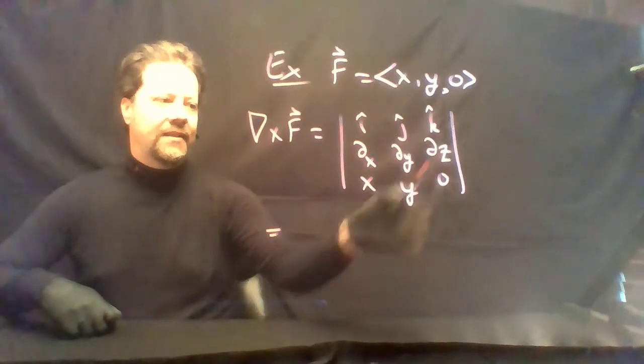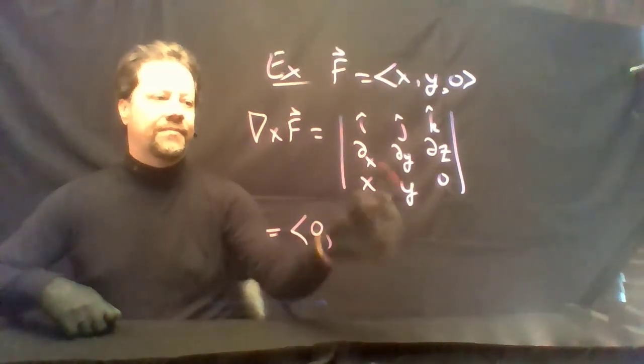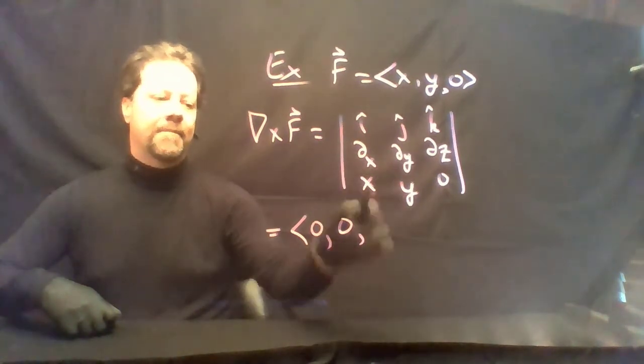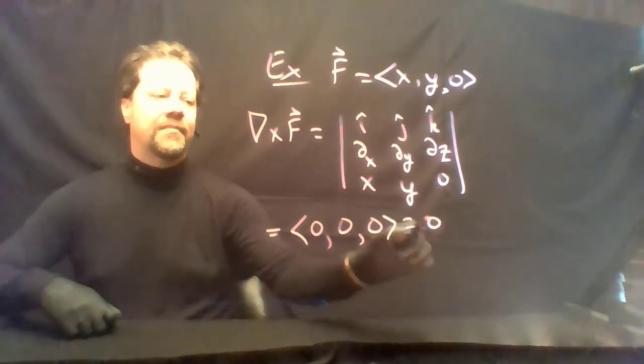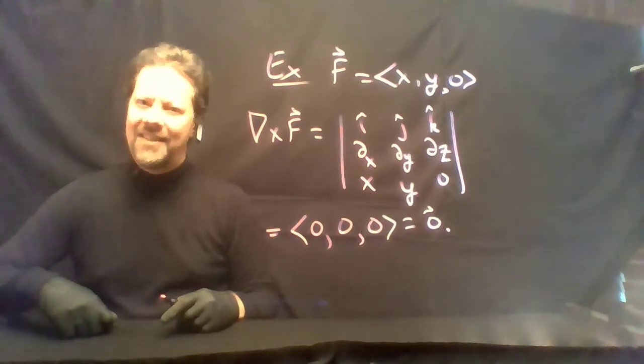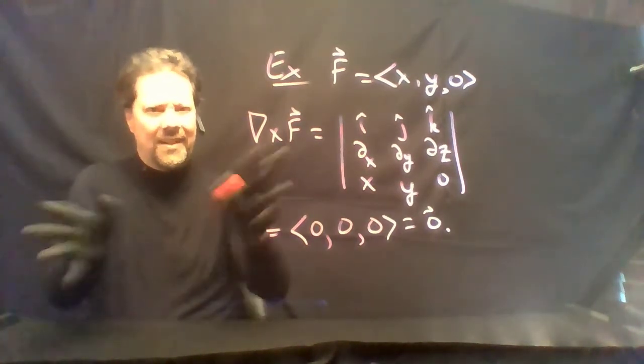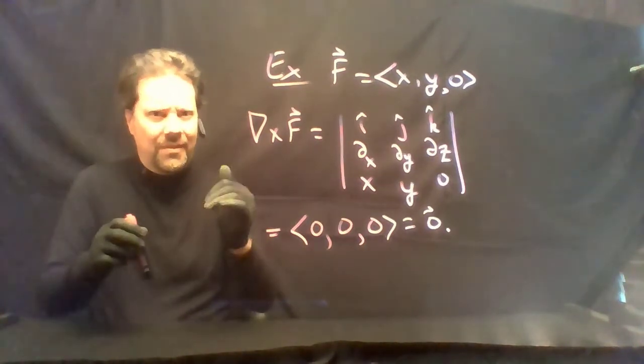We'll get 0, 0, and then 0. This vector field seems to have no curl. After all, wasn't it all divergence, no curl? Now let's look at the other prototype.